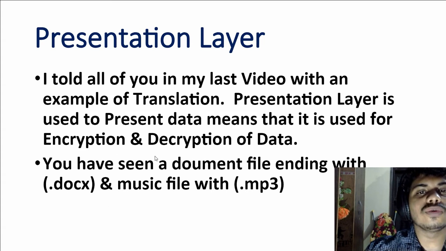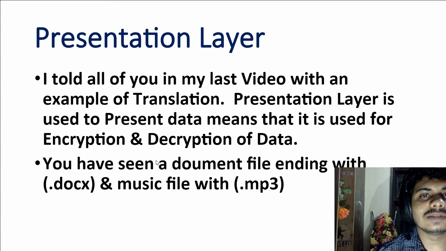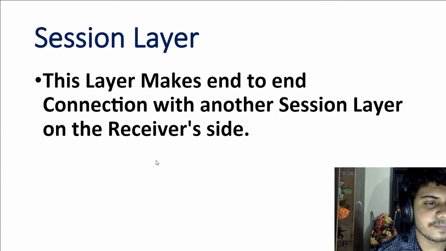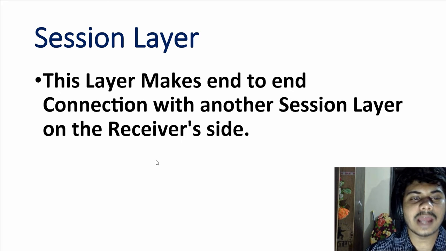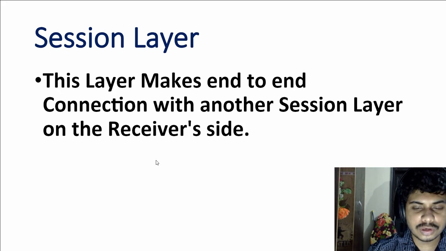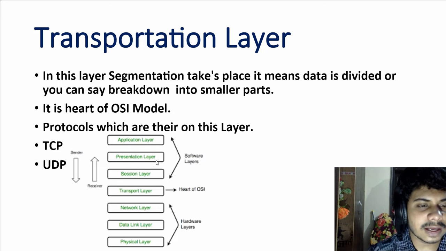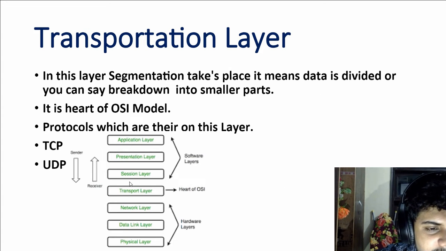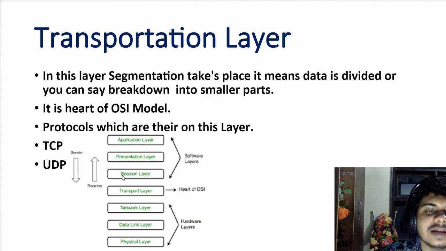Now let's move on to our next layer, which is the session layer. This layer makes an end-to-end connection with another session layer. I will show you the real diagram. This is the session layer of the sender, and assume this is also the session layer of the receiver.